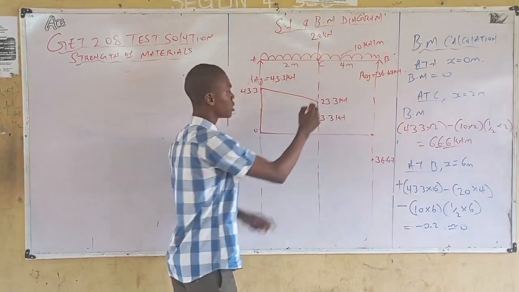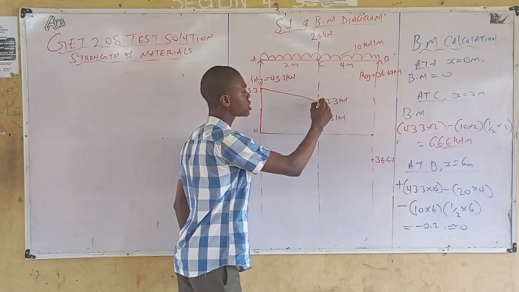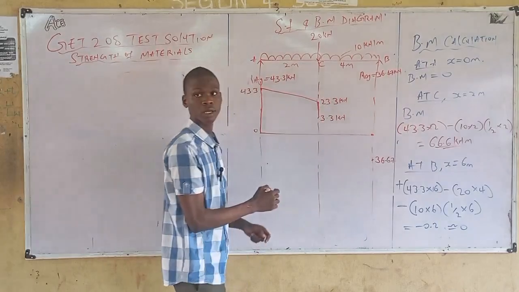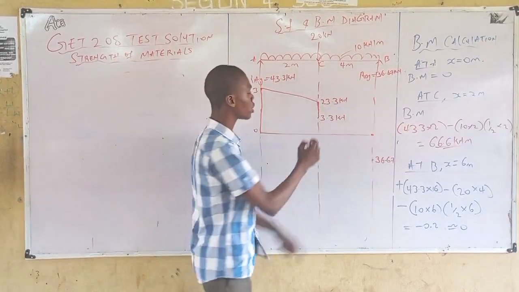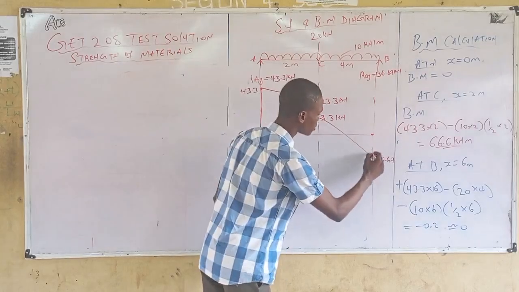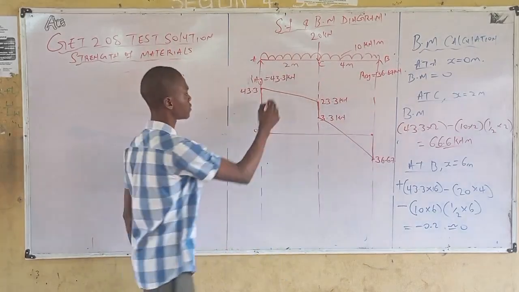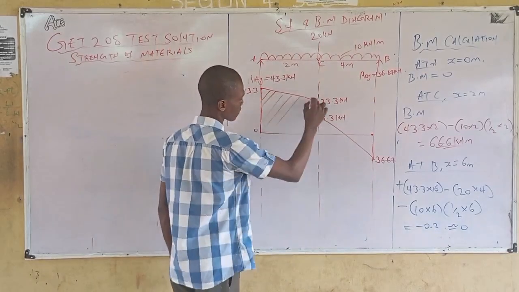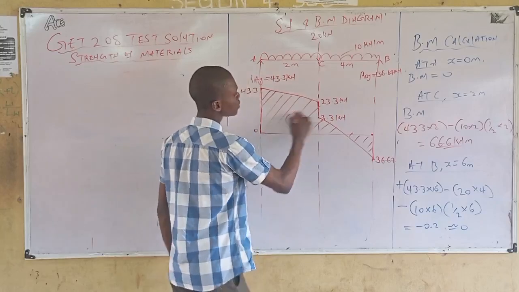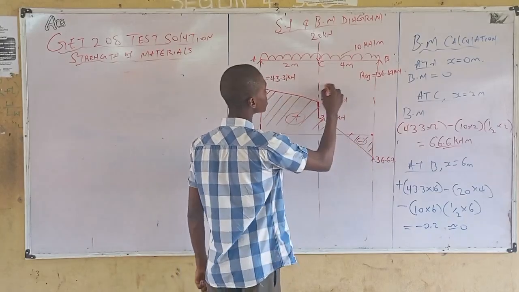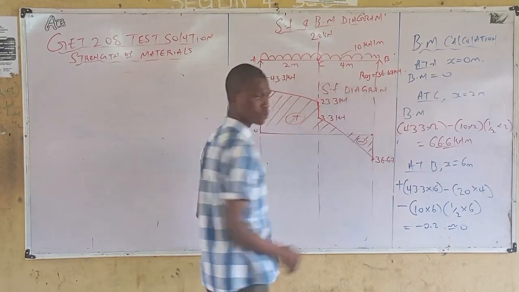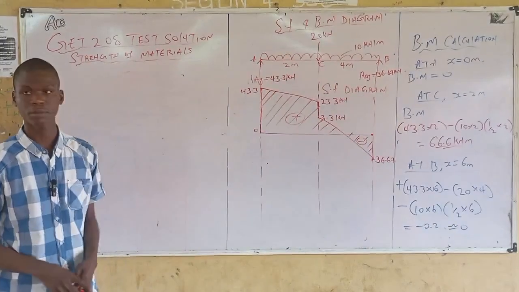The second at point C is what? 3.3 kilonewton. Right? Yes. Then the next one, what do you have? Then you have this. Yes. Then shade. Positive, negative. Right? Shear force diagram. You are done. This is the diagram.